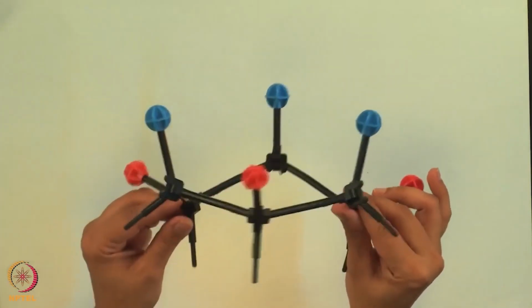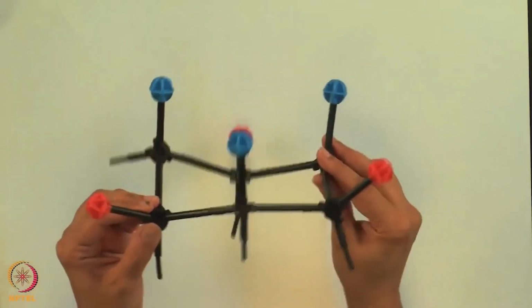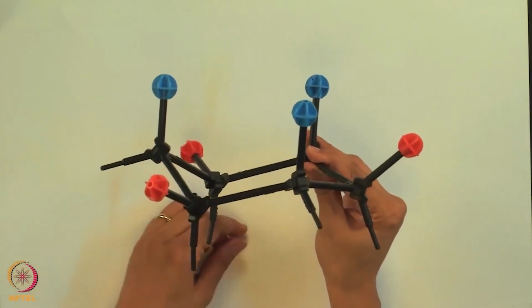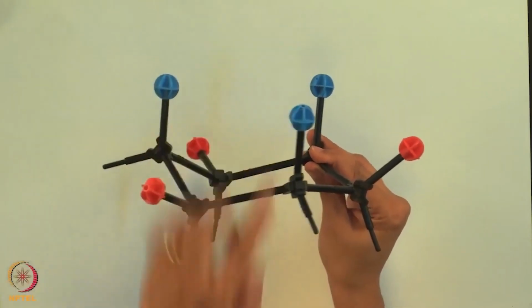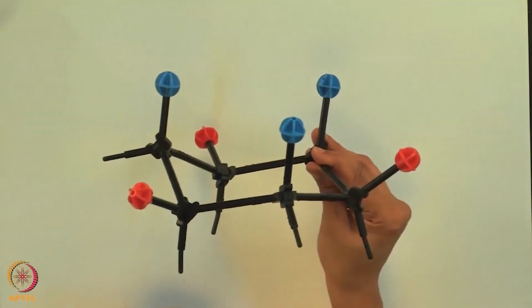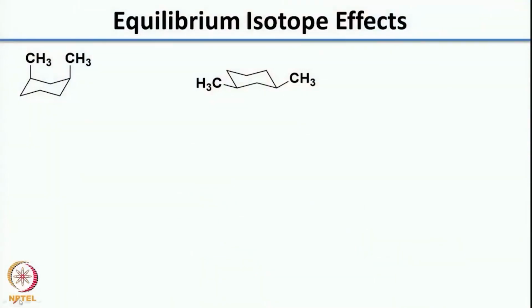Now that I have flipped it, this is again the Newman like projection. You can also look at the chair form. So, here is the chair form. In the chair form, what you see is now the blue is axial and the red has become equatorial. And this chair flip happens quite easily, alright. So, now if you compare this particular example that I have shown you, if I can write this equilibrium.